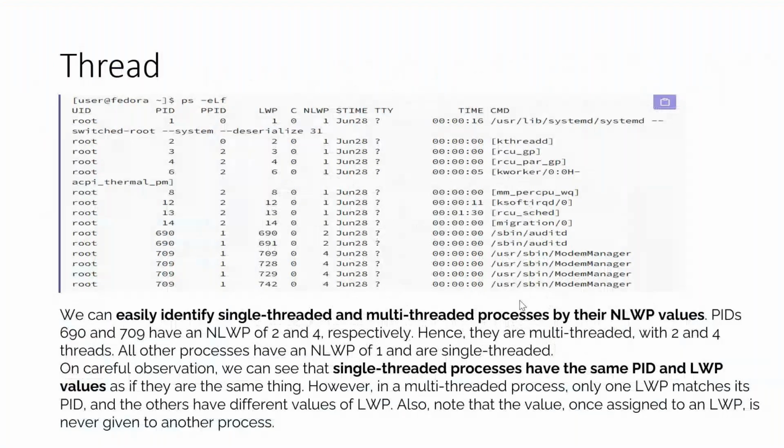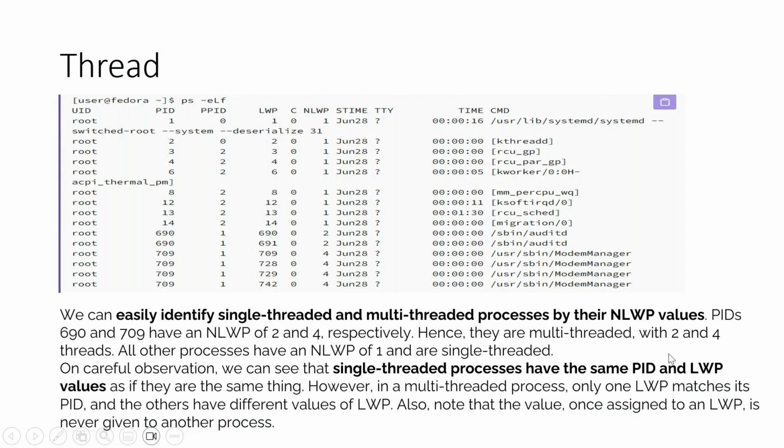So how do we identify threads? We can easily identify single-threaded or multi-threaded processes by using their NLWP values. PID 690 in this image has 2 and 701 has 4, so they are multi-threaded.